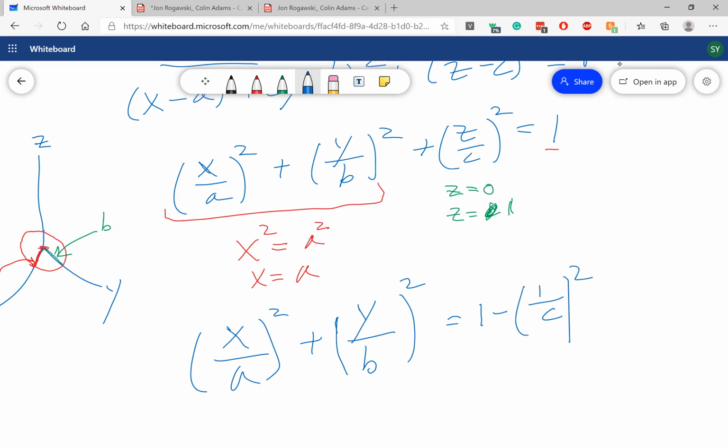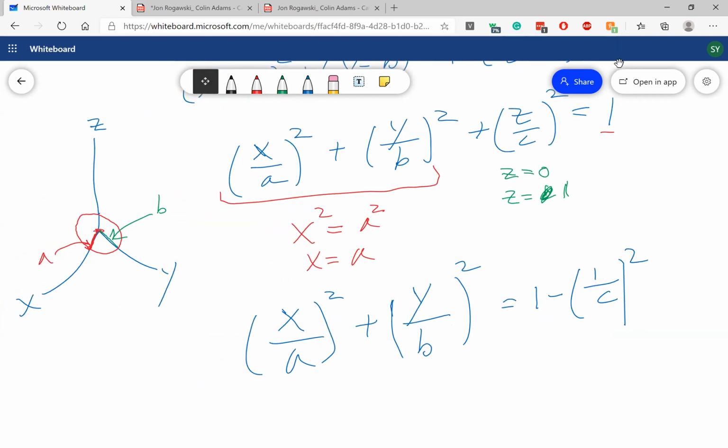Now, depending on what c is, this is some number. And if this number ever becomes negative, then we're done, because then these two sides are never equal, so you don't have points that get those numbers. But so long as this number over here is positive, then this makes sense, and in general, this would be z0.